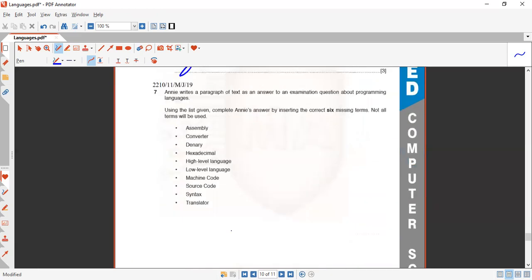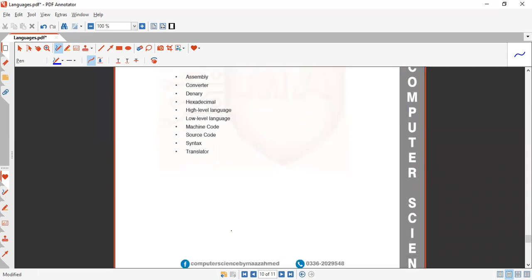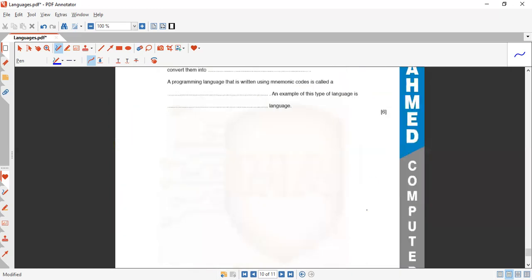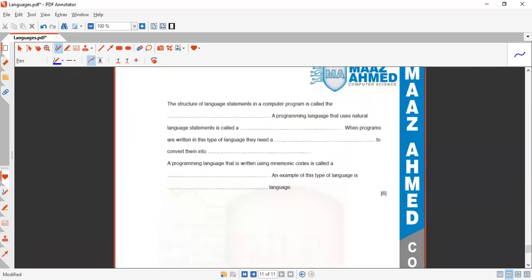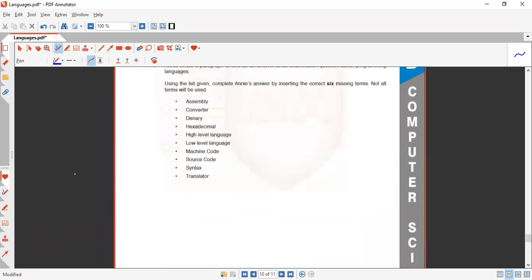Now Annie writes a paragraph of text as an answer to an examination question about programming languages. Using the list given, complete Annie's answer by inserting the correct 6 missing terms. Not all the terms will be used. The structure of the language statement in a program is called the, what is it called? Syntax. Great.